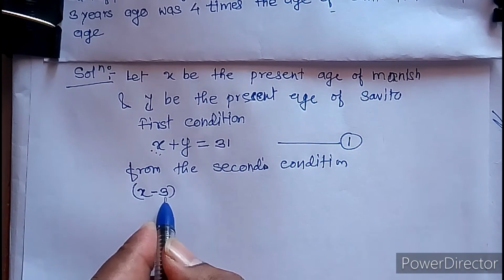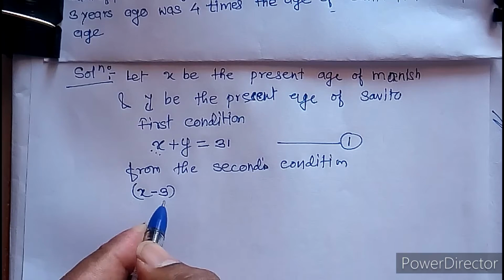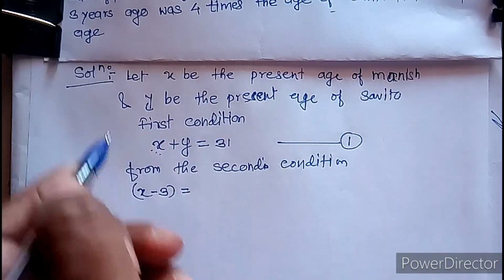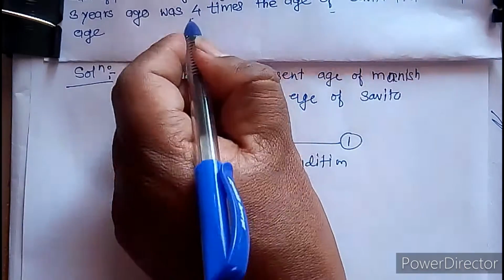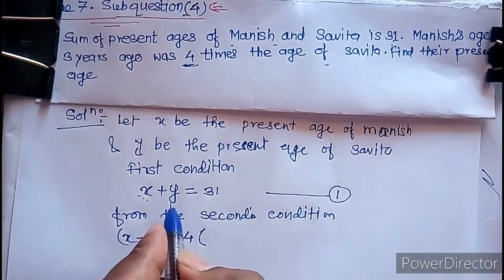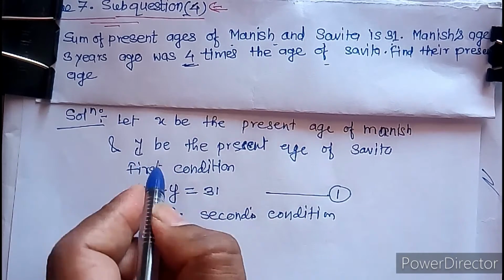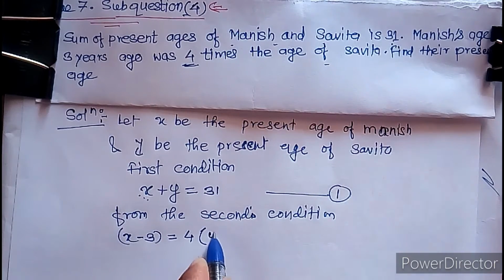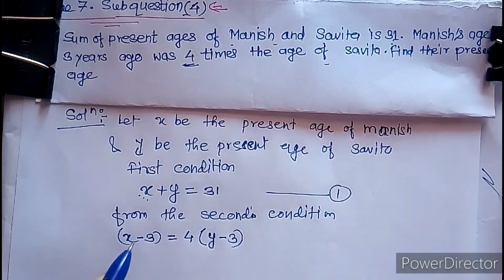By the second condition, x minus 3 equals 4 times the age of Savita. The present age of Savita is y years, so 3 years ago her age was y minus 3. We get x minus 3 equals 4 into y minus 3.